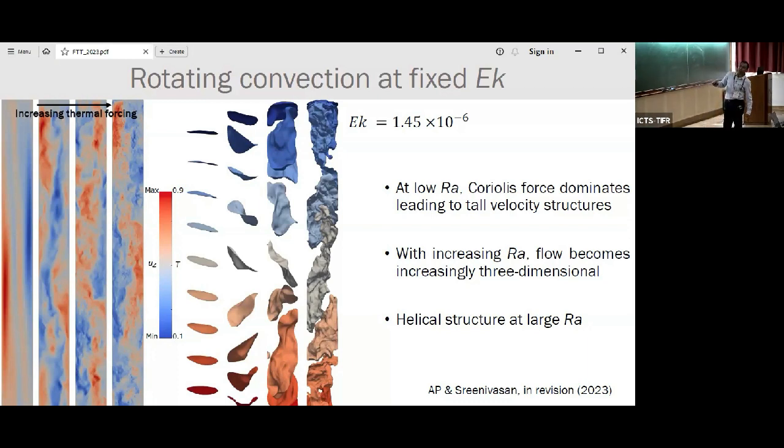We have tall vertical structures connecting the top and bottom plates, but the flow becomes increasingly three-dimensional as the thermal forcing increases. So this is again very similar to what has been found in extended domains. So it seems that if we have rotation in the slender cell, we have nearly the same behavior.